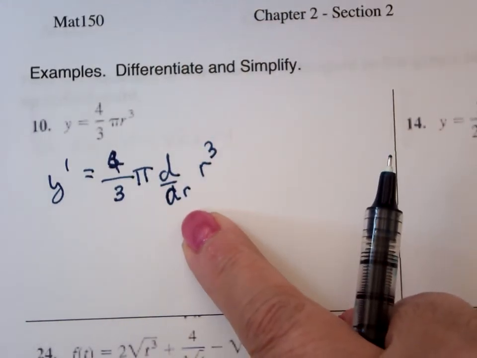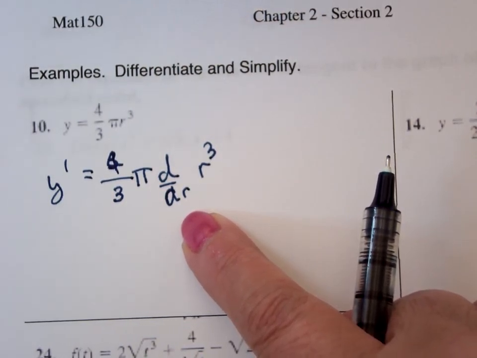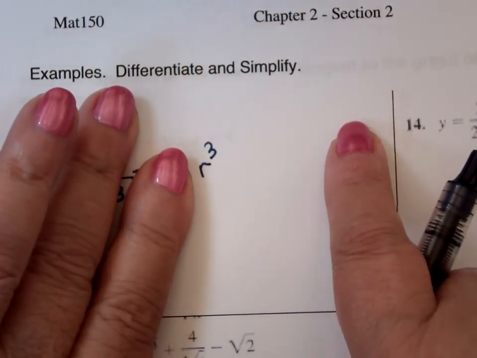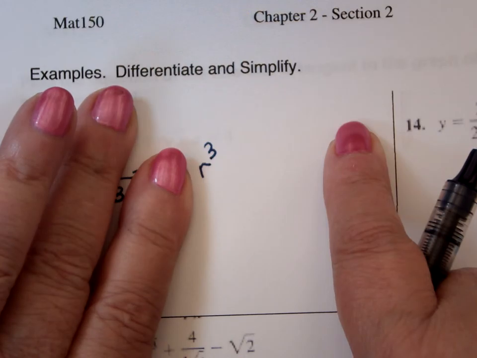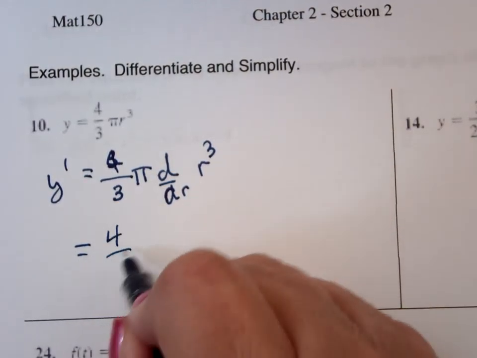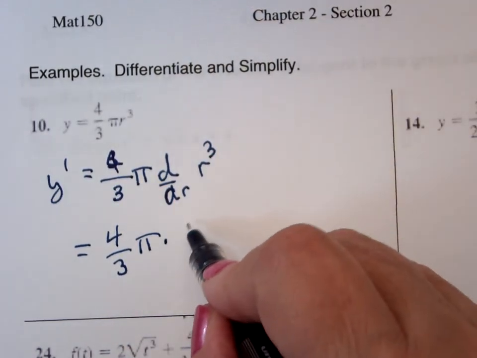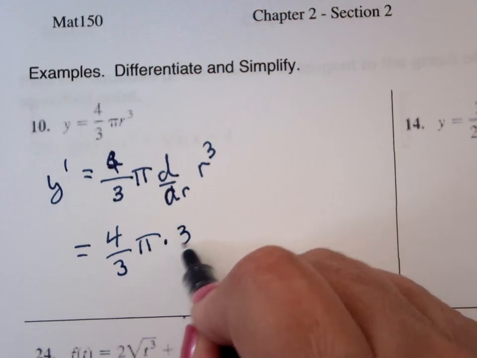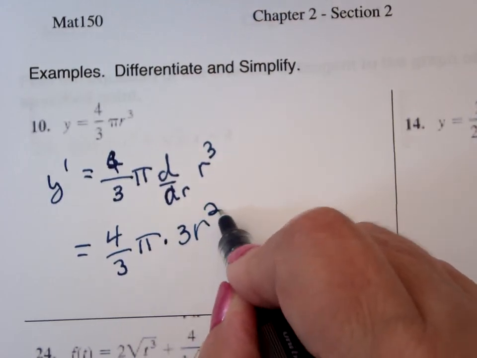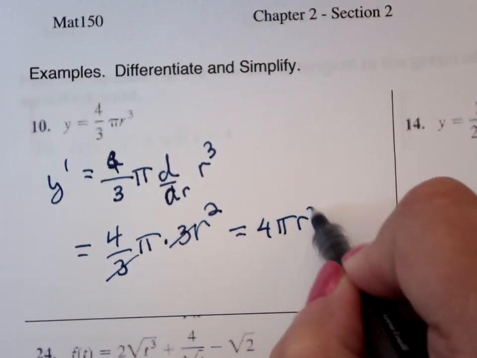Now I don't personally put that in, because I know that 4/3 is a constant, pi is a constant. I'm just differentiating r cubed. So this then becomes 4/3 pi times the derivative of r cubed, which is what? 3r squared. The 3's reduce out. I'm left with 4 pi r squared.